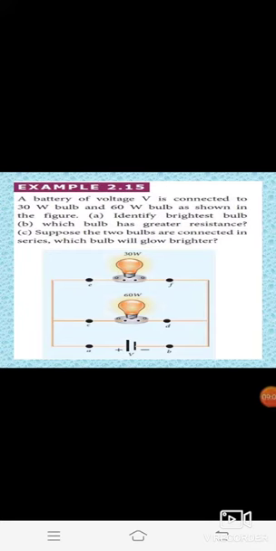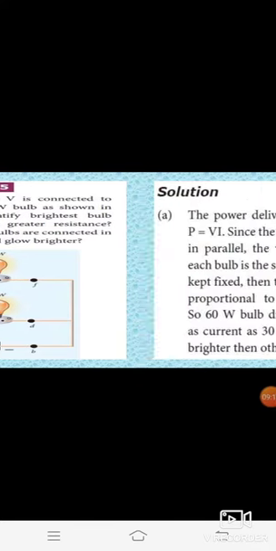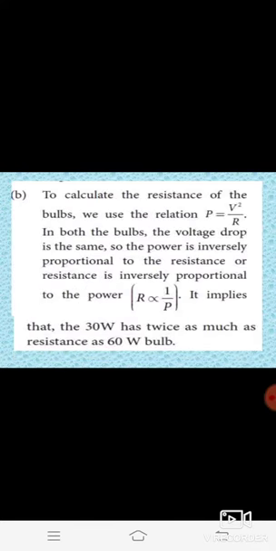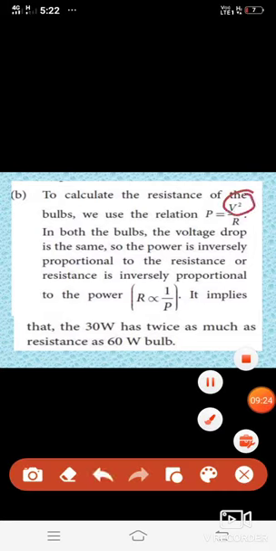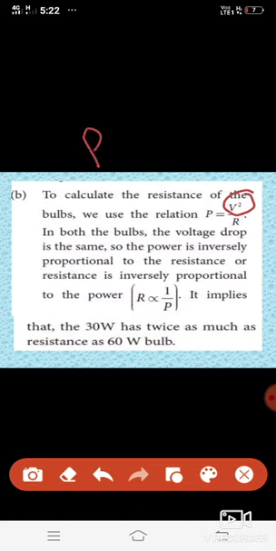Next, option B, which bulb has the greater resistance? To calculate the resistance of the bulb, we use the relation P is equal to V square divided by R. In both bulbs, the voltage drop V is the same. So the power is inversely proportional to the resistance, because V square is constant.